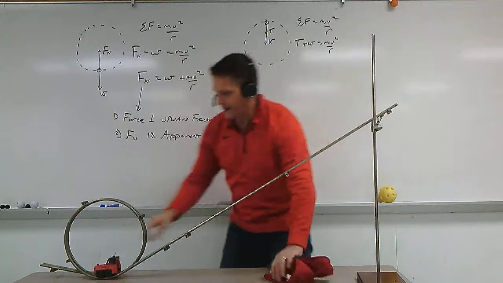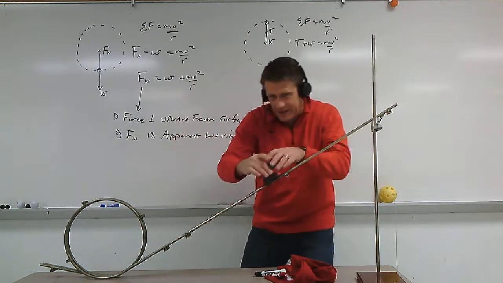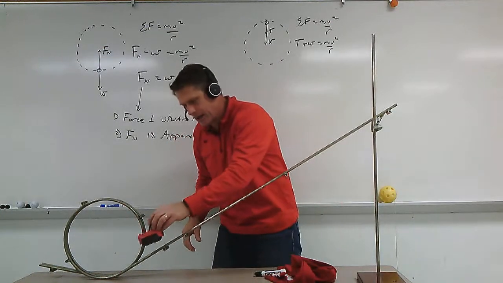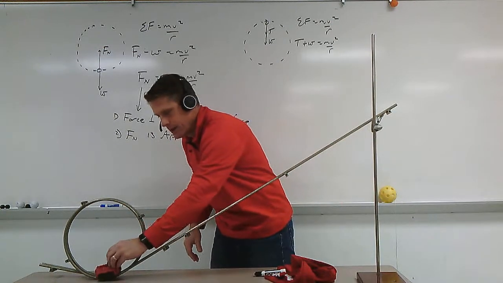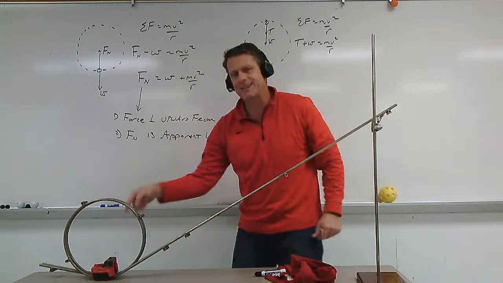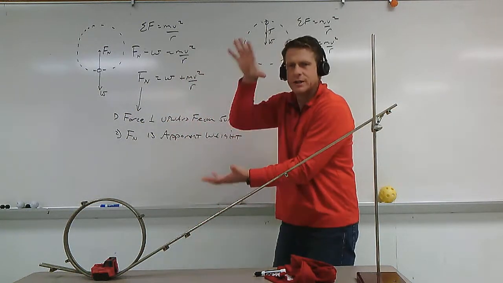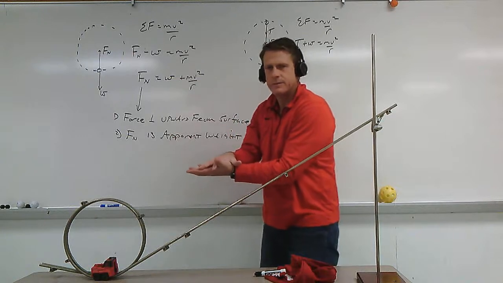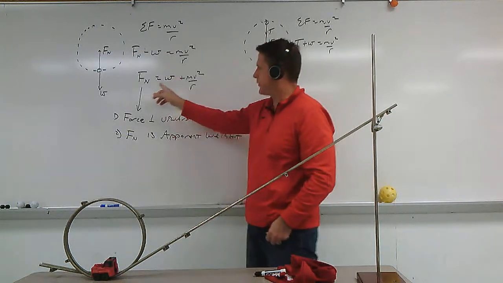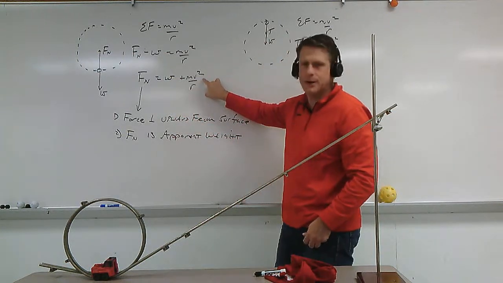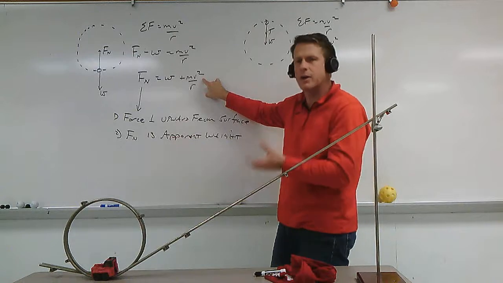But if the cart is traveling fast as we come down the incline, now all of a sudden this thing's going fast. Basically, the person is being pushed down into their car. So the normal force is going to get bigger by an amount equal to mv squared over r.